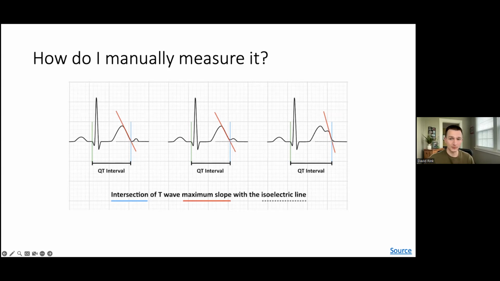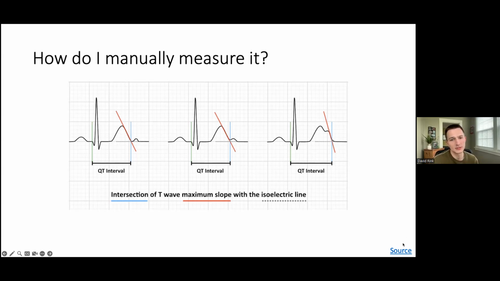And for the latter, the maximum slope intercept method, which is illustrated here, defines the end of the T wave as the intercept between the isoelectric line with the tangent drawn through the maximum downslope of the T wave. So as you can see here in these examples, we are not necessarily tracing the end of the T wave to where it actually meets the isoelectric line, but we're actually using the tangent approach here.